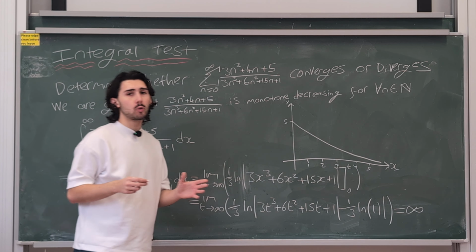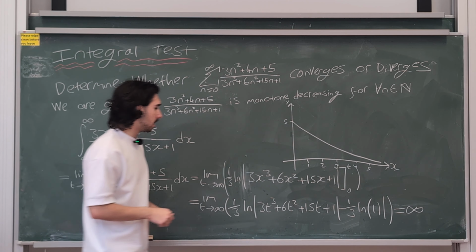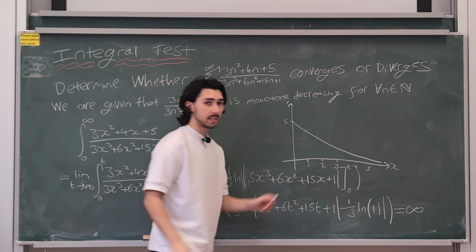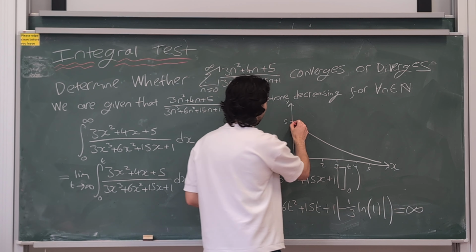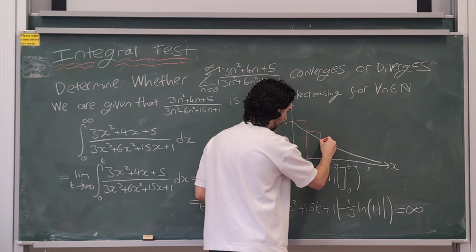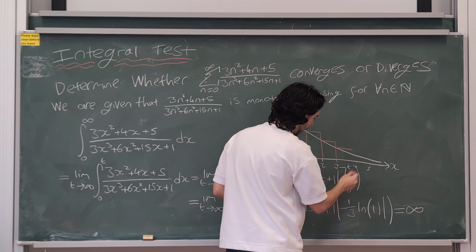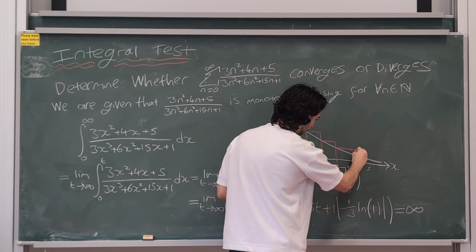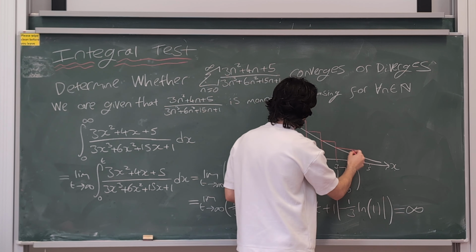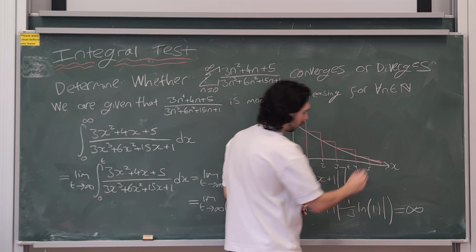And remember, I want to draw these where the rectangles are bigger than the function down here. So I'm going to draw the rectangles like this. Hopefully this makes sense. I haven't spaced them out very well, but they should all have the same width, a width of 1, and so on and so forth forever.